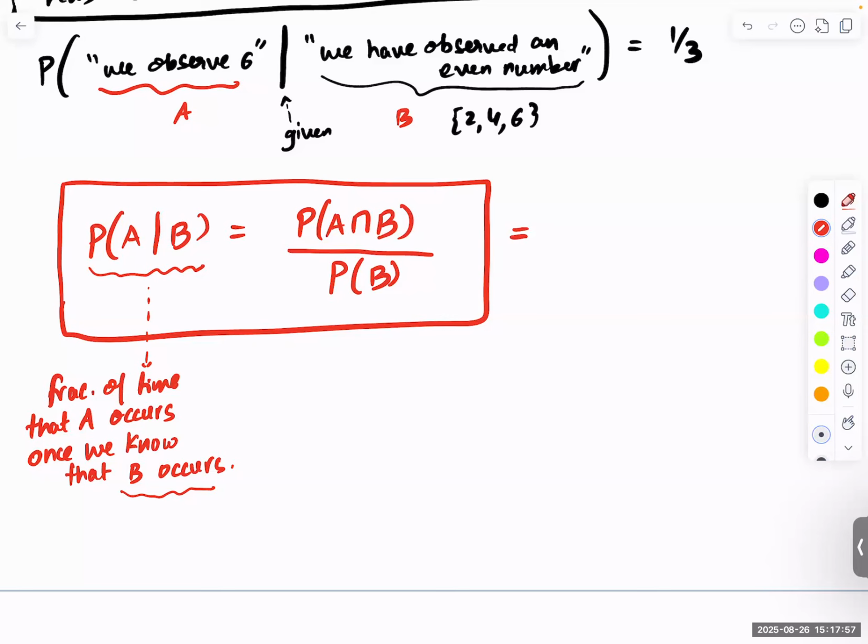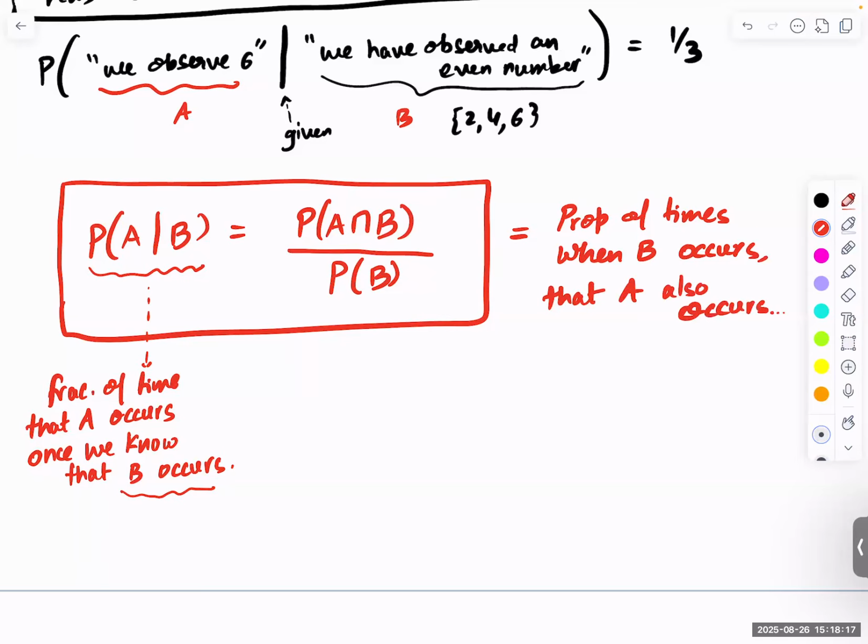It basically gives the proportion of times when B occurs that A also occurs. Essentially I'm just restating the obvious fact here, but hopefully this gives you an intuition as to the definition, the mathematical formalism of the notion.